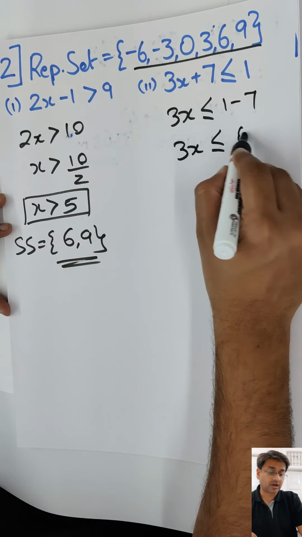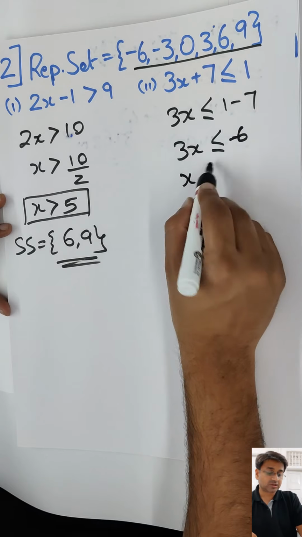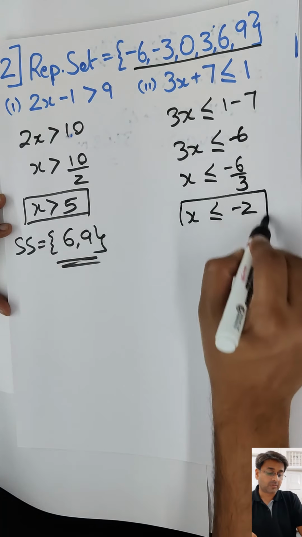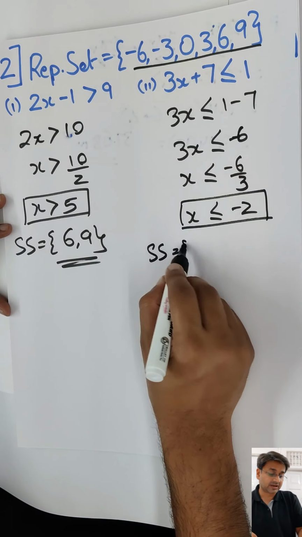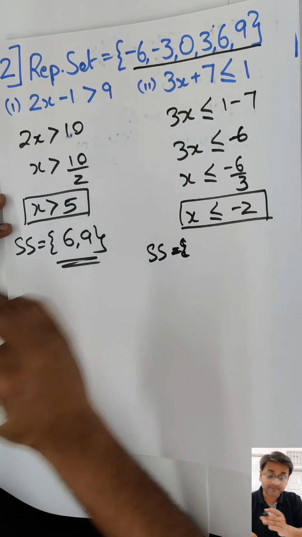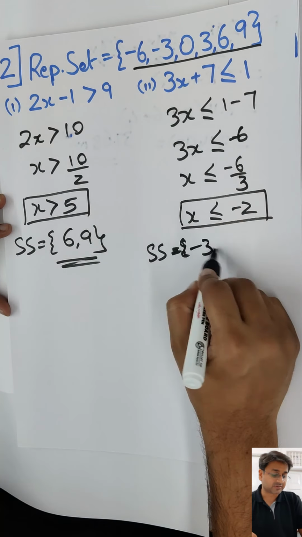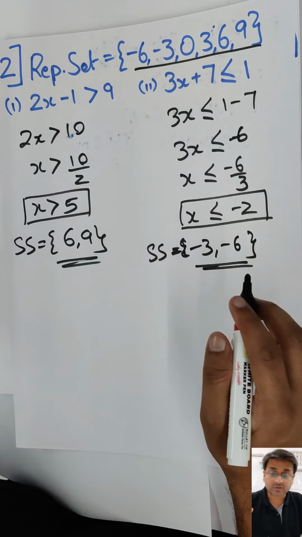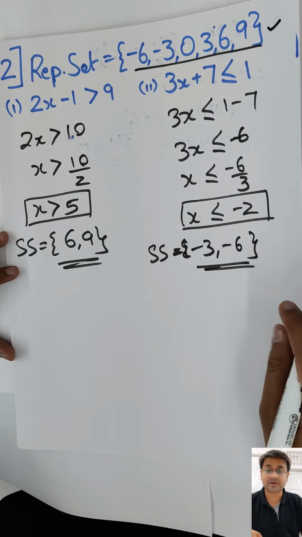So 3x becomes minus 6. So x is less than or equal to minus 6 by 3. X is less than or equal to minus 2. Solution set. Now x is less than or equal to minus 2. So all the numbers up to that, that is minus 3, minus 6, that's it. From this set, you can't take it from anywhere else because this is your replacement set.